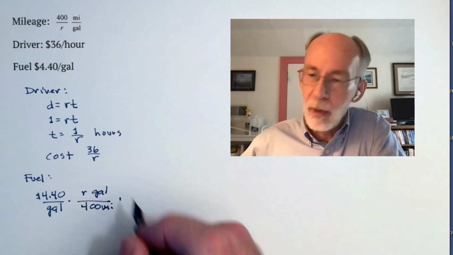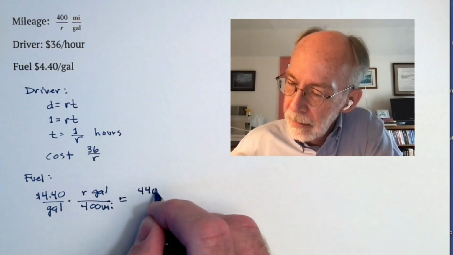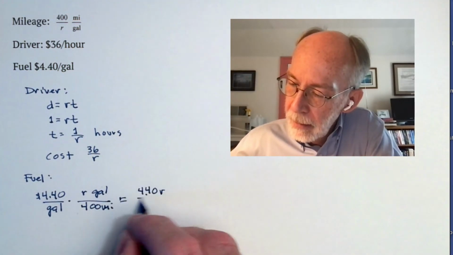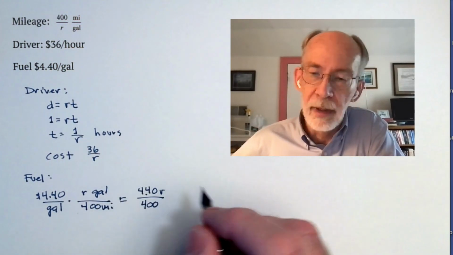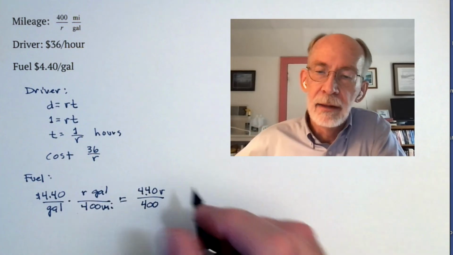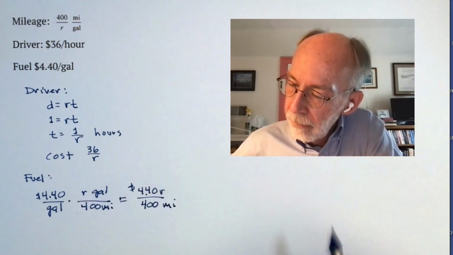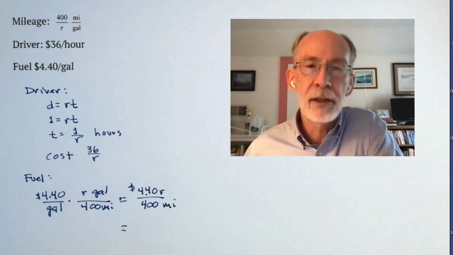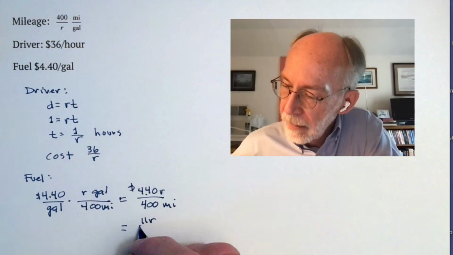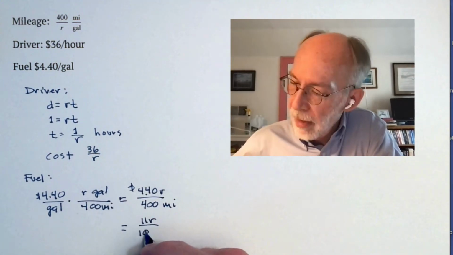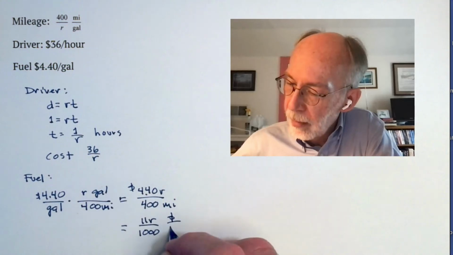This is going to be 440 R over 400, and this is going to be dollars per mile. And if you wanted to reduce that fraction, you certainly could, and you would get 11R over 1,000, and that is again in dollars per mile.